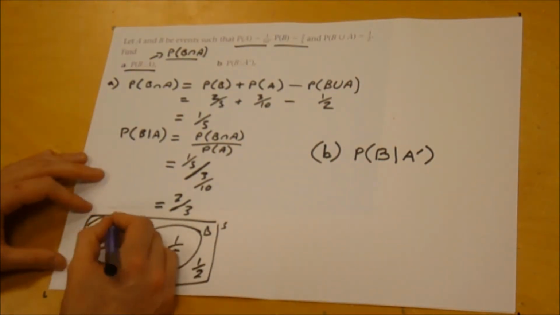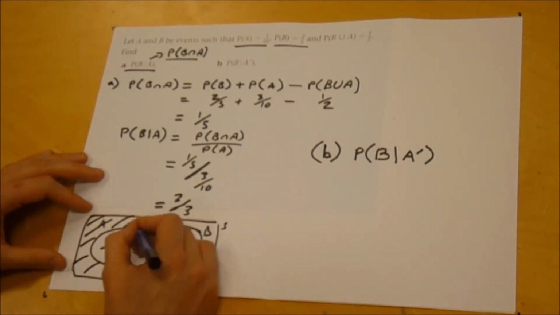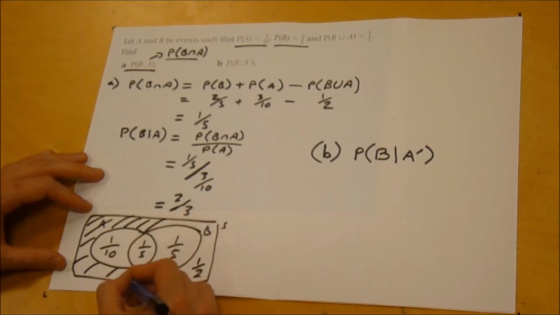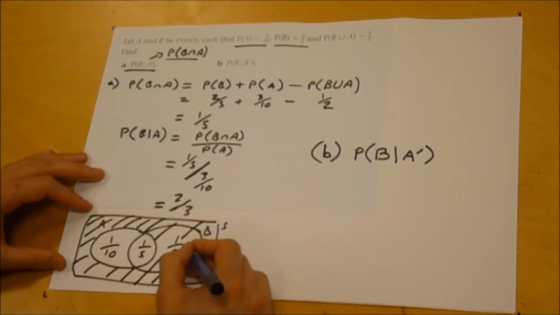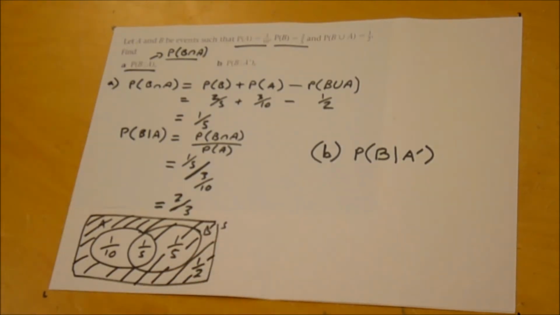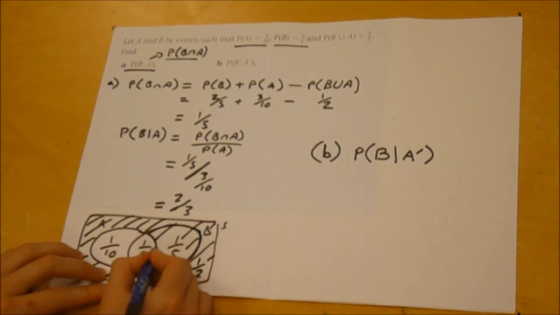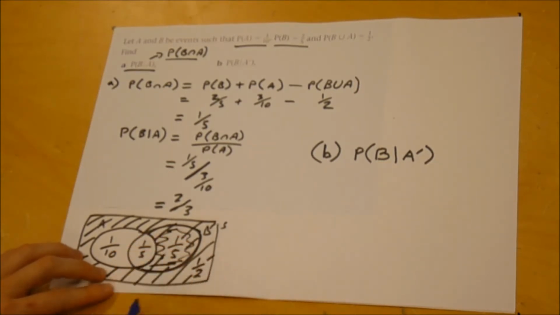Using our hatching, this is all the space where A has not occurred. This is A complement. So all of these places A has not occurred. Where has B occurred given that A has not occurred? Well, it's this part here. But it's not out of everything.